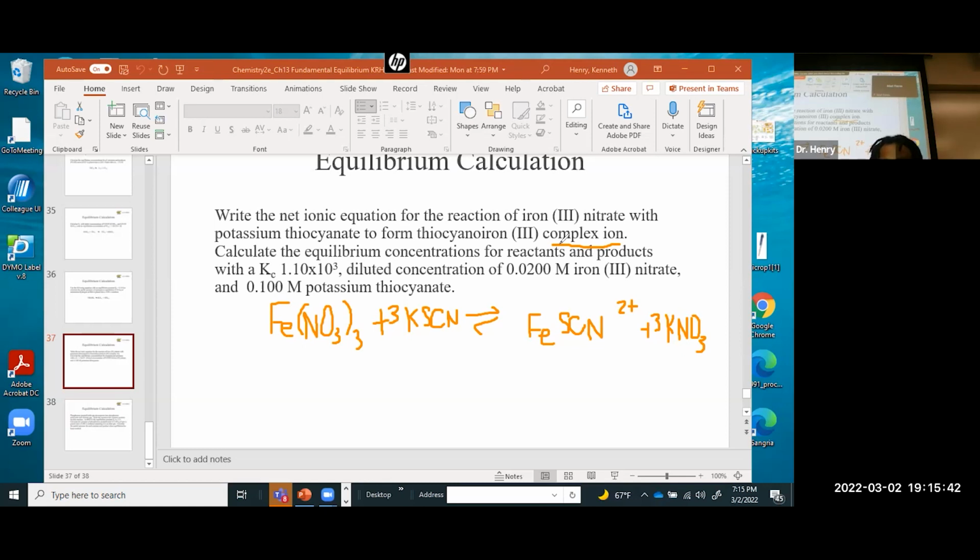So we're going to end up with 2 SCN minus left. Potassium thiocyanate, iron.